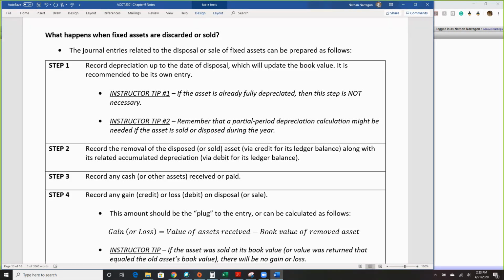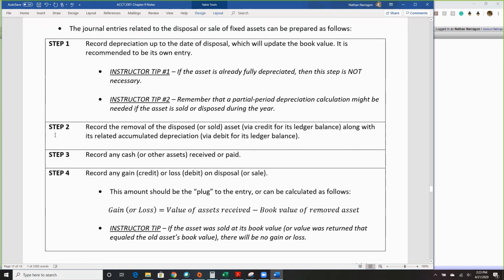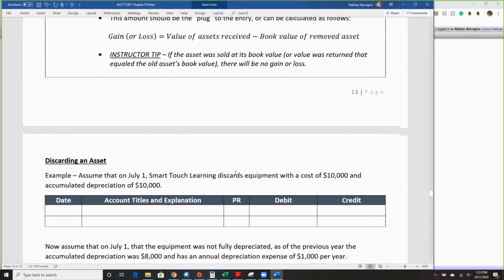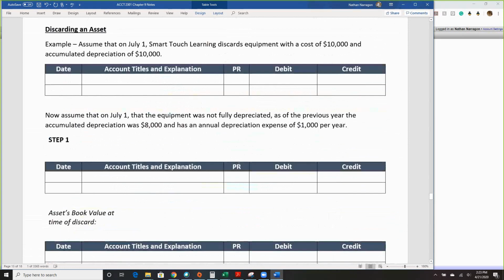And step 4, we're going to record any gains or losses. Basically, this is our plug entry. So steps 2 through 4 are usually combined into one journal entry, which makes your second journal entry. So with this, let's go through discarding and selling.